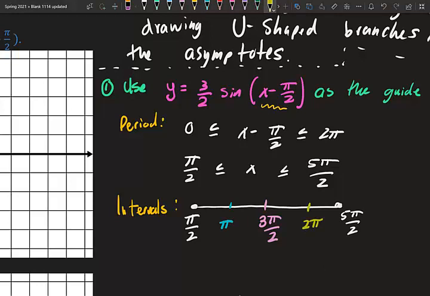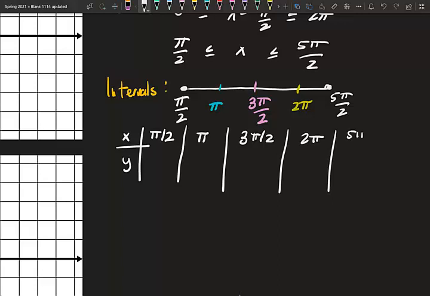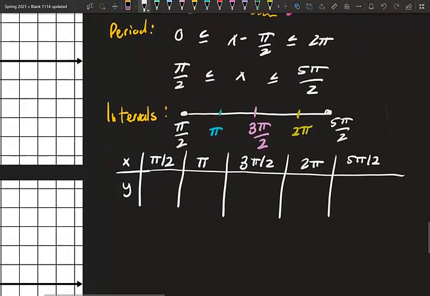Alright, so we have all of our intervals. Now we can go ahead and find our y values attached to that. We're going to plug each x value into 3/2 sine of x minus pi over 2.